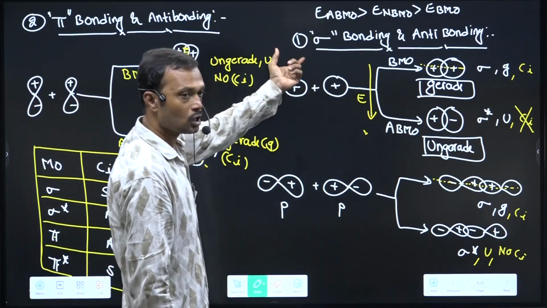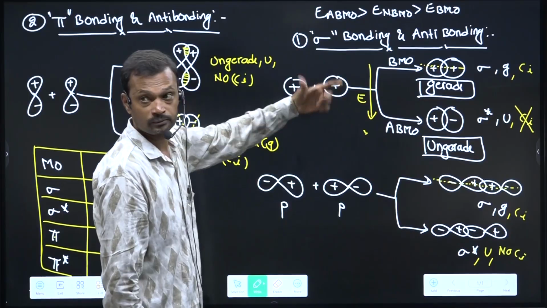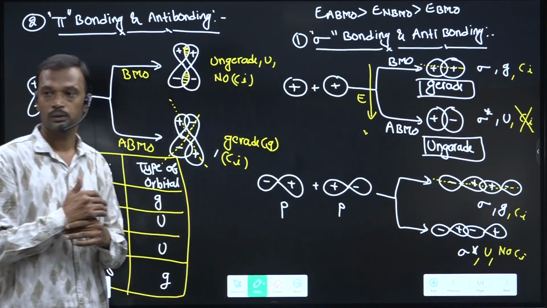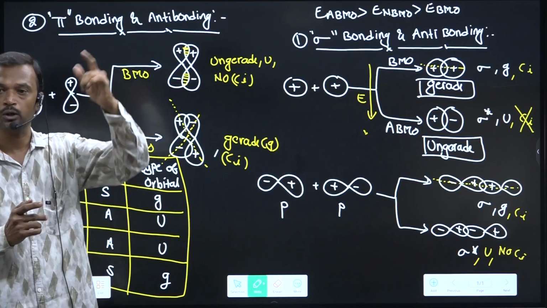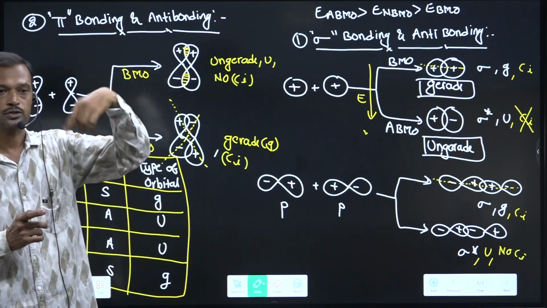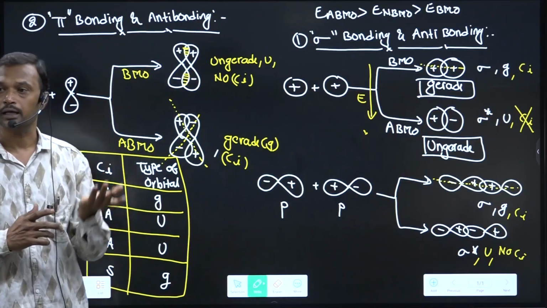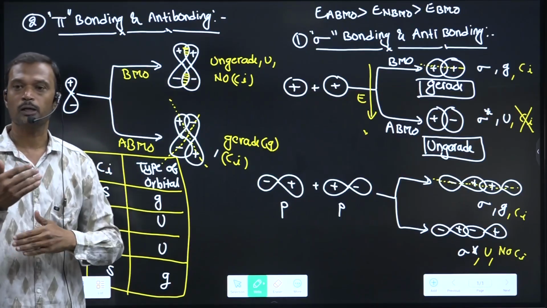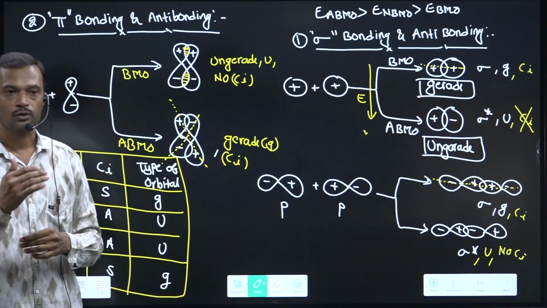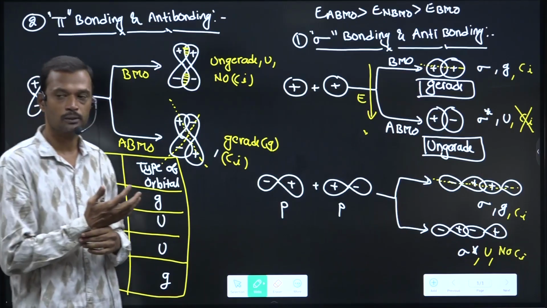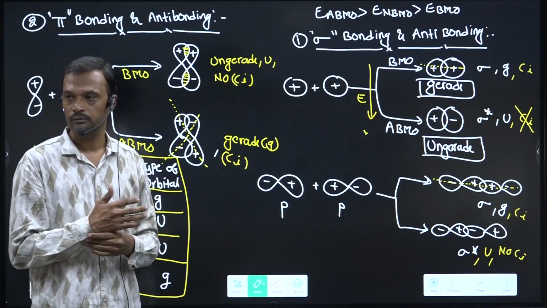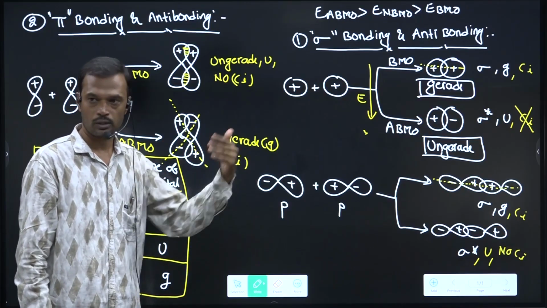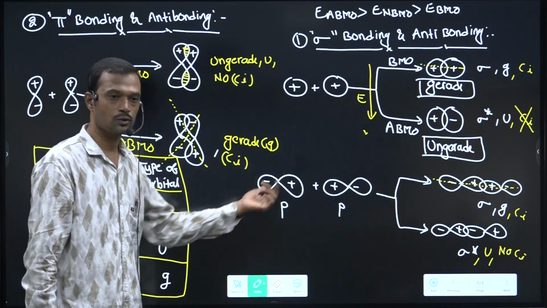The major concepts will be covered from here onwards: electronic transitions, between which molecular orbitals transitions are possible, and how many electronic transitions are possible for a given molecule. Then multiplicity, Hund's rule of maximum multiplicity, allowed and forbidden, then the Franck-Condon principle. That is your upcoming class.